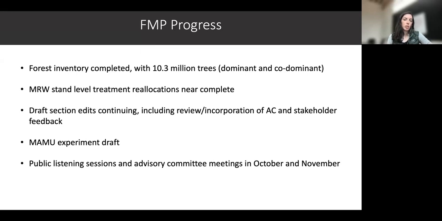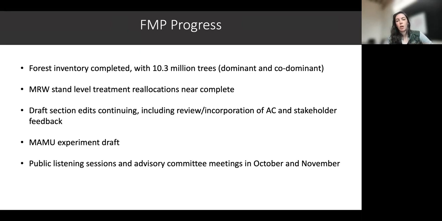We also have been continuing to edit draft sections that we have released. Several sections were released in the summer, and then again ahead of the September 7th advisory committee meeting. We got some really good input from advisory committee members, as well as stakeholders and the general public, through that meeting, through written feedback, and through a public listening session that we had in September.